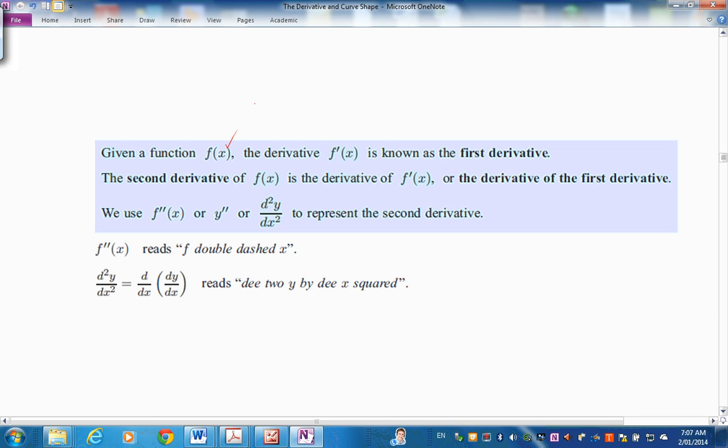If you have a function, you can differentiate it and find the slope of the tangent to its graph. That is also the rate of change of the function. But if we want to get a second derivative, that's the derivative of the first derivative. That's the slope of the tangents to the graph of f dash x, the first derivative.